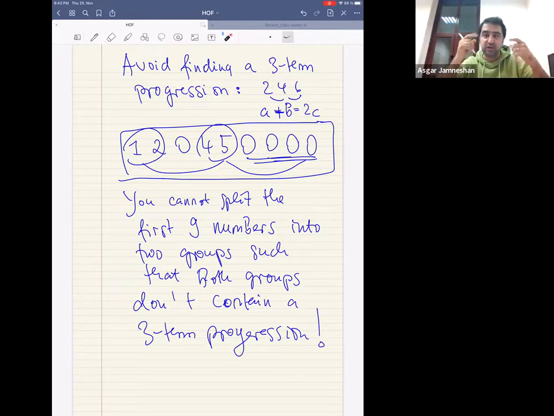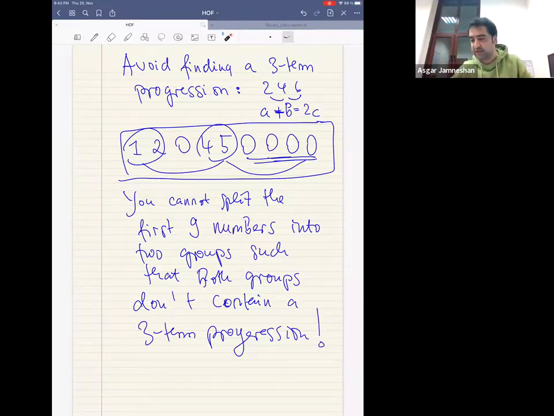But for each progression length, there is a finite number of elements which you can take, such that if you split them into 2 groups, one of these groups will contain, say, a k-term progression. So this says that you cannot destroy the additive structure of the natural numbers by just splitting sets.